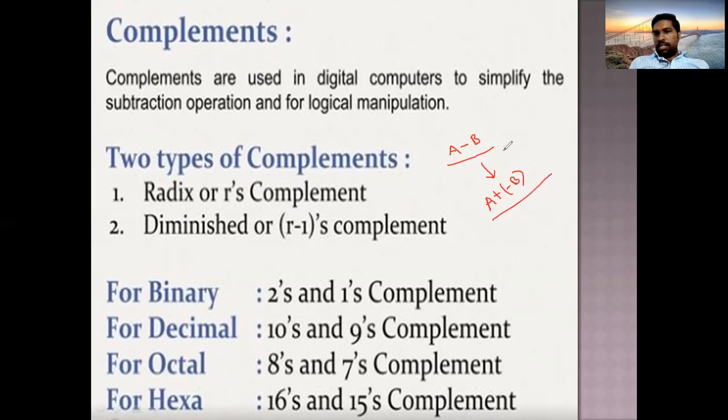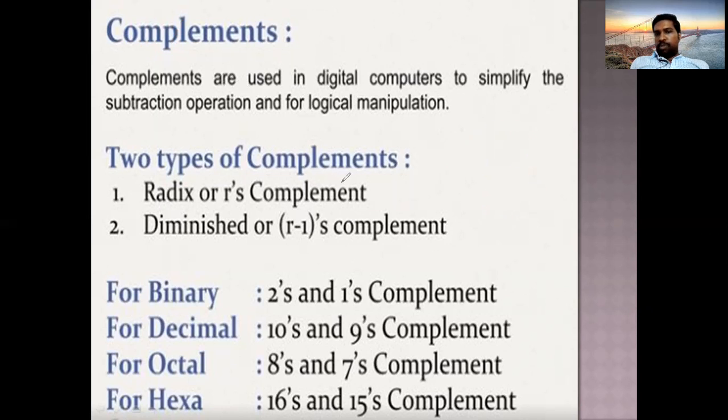That means subtraction is nothing but complementary addition. This is a complement and you are adding it. So a minus b is treated as a plus of minus b, which is called complementary addition. That's why you should know the meaning of complements. Okay, clear?